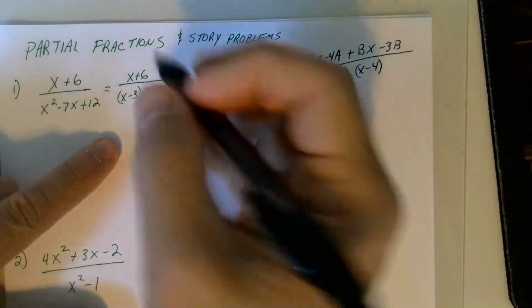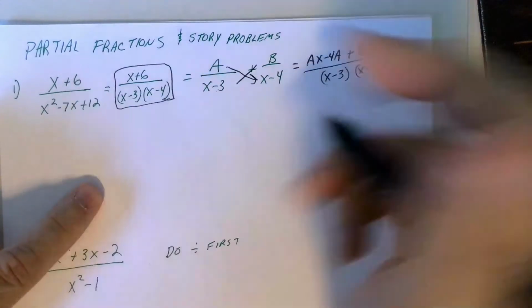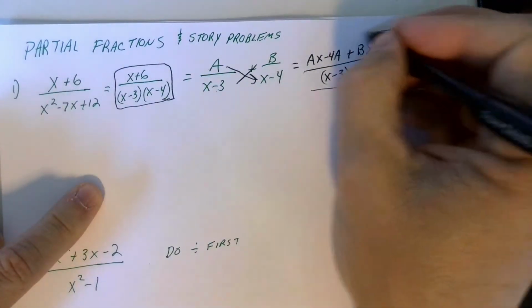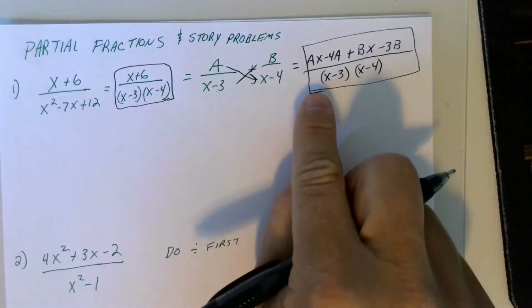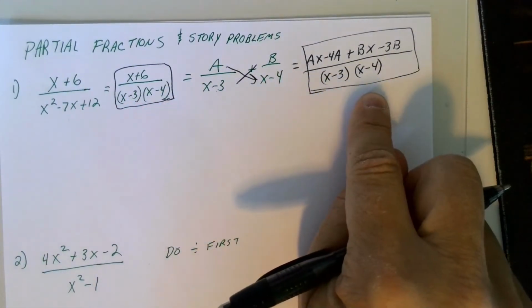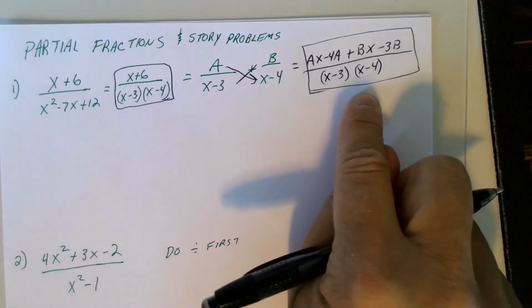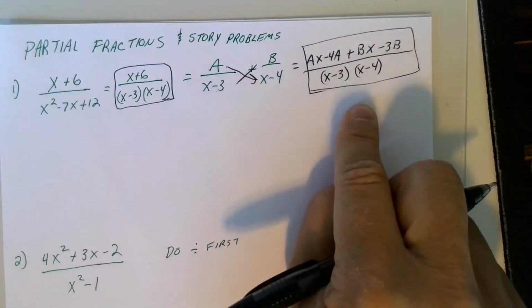And what I want you to do is look at this term, which we know is what this equals, and what this is right here. If you'll see, the denominators are still the same, right? So if this expression is equal to this expression and the denominators are the same, then that must mean that the numerators are the same.